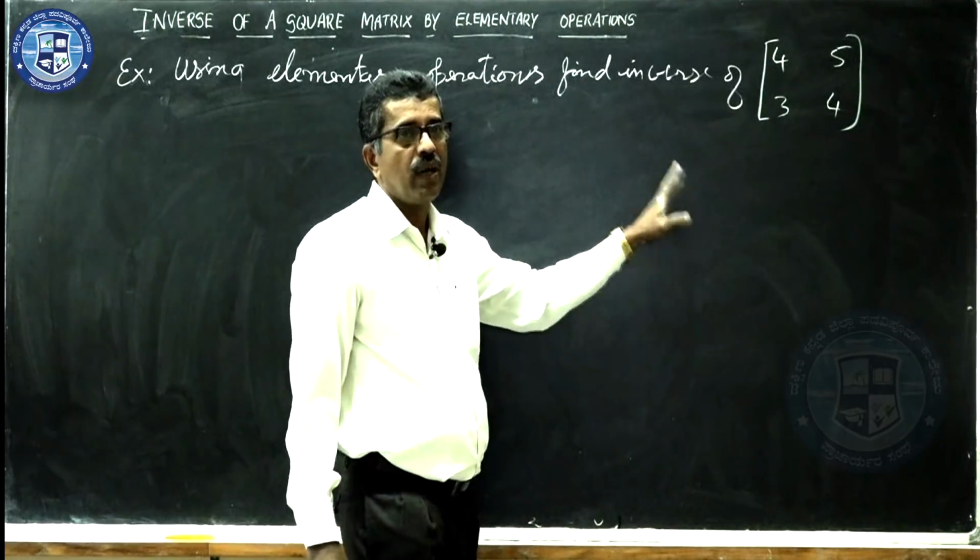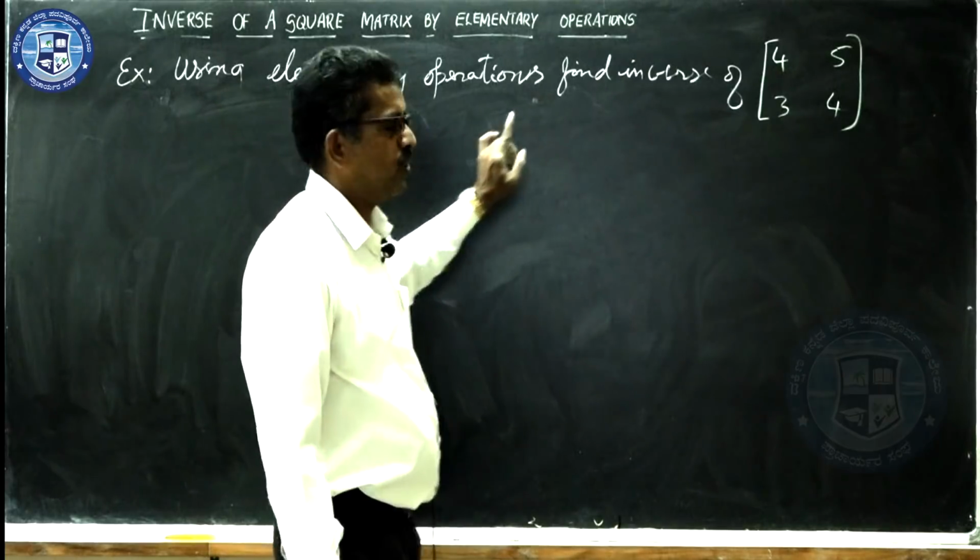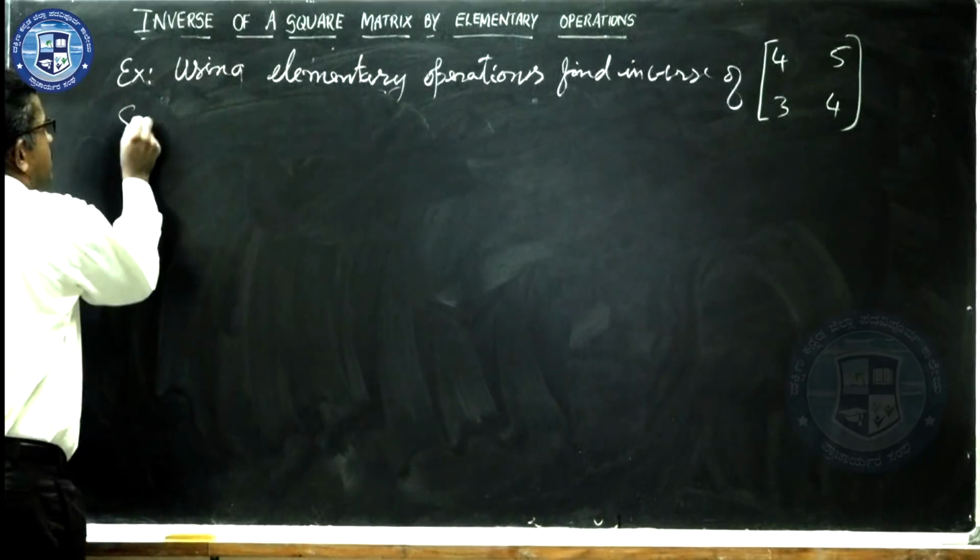A 2 cross 2 matrix, we need to apply what? Elementary column operation. How do we begin?